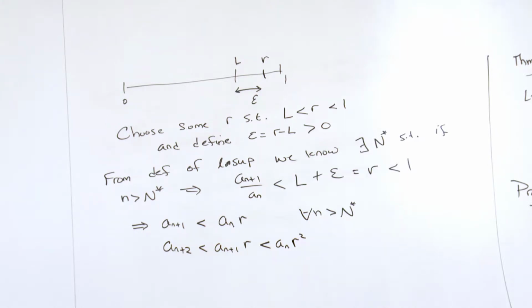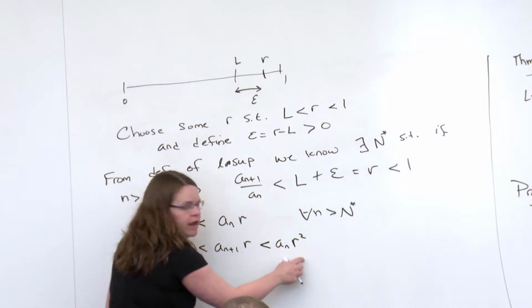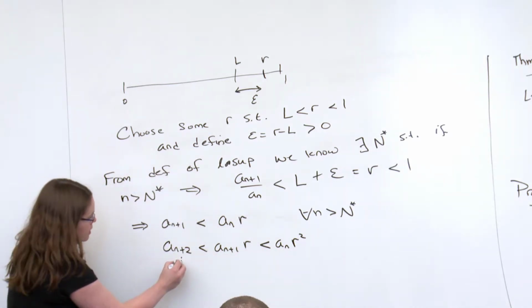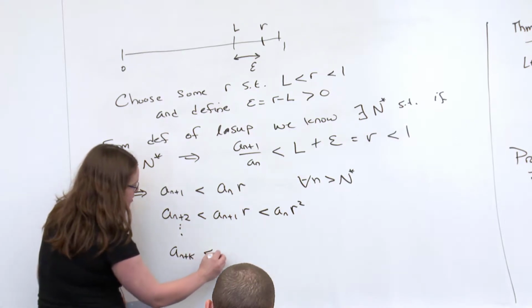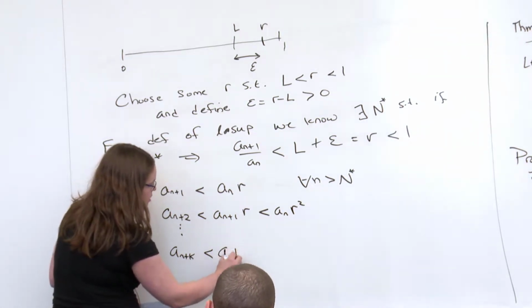All right, and we can keep playing this game with the terms. a_{n+3} is going to be less than a_n r cubed. And in general, a_{n+k} is going to be less than a_n times r to the k.